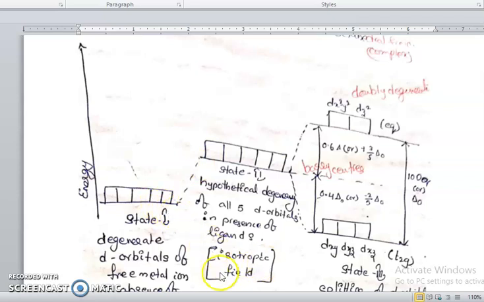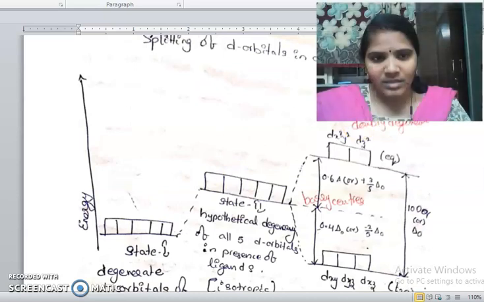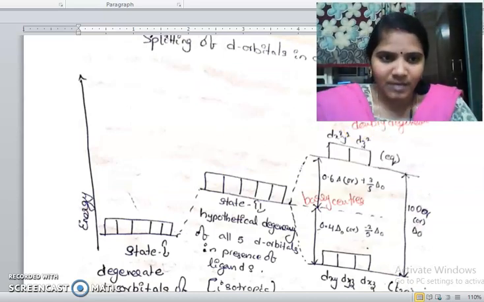This is a hypothetical degenerate state, and all the d orbitals will be raised to a higher level but still remain degenerate. But actually this won't happen, since ligands do not approach in the same direction and with the same influence.